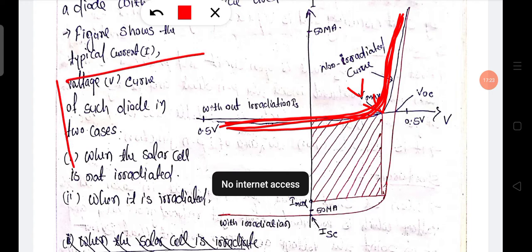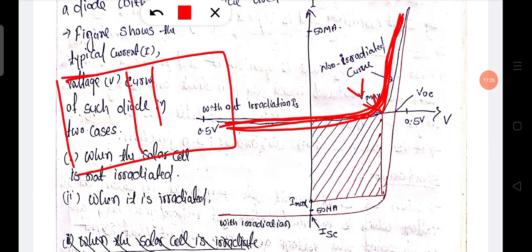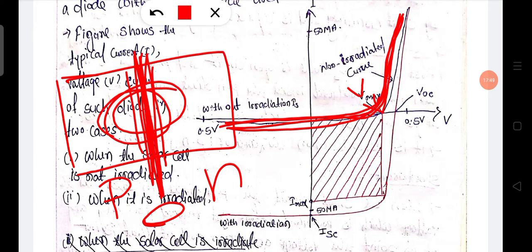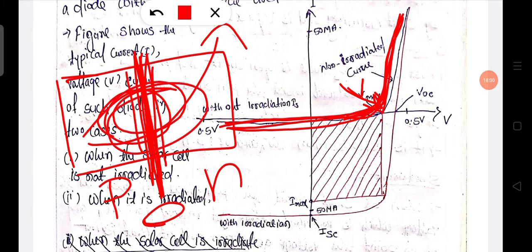Due to the depletion region, the current is not increasing until a certain voltage, and after that voltage the depletion region breaks down and the current increases rapidly.